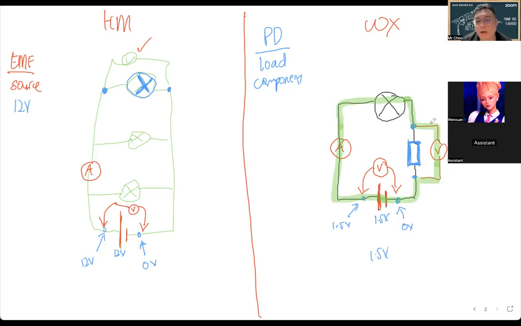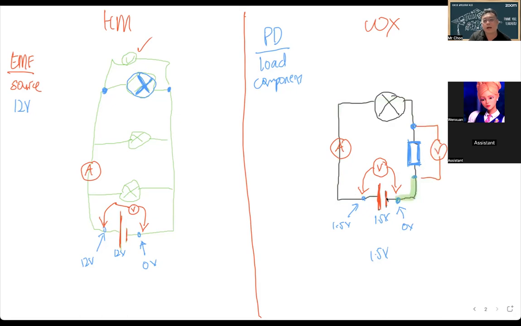If all your current moves to the voltmeter instead, it's no longer working like the original circuit. Imagine this is not a resistor. This could be a speaker or a bulb, and now your current doesn't go through, so it will not work as you designed it to be.